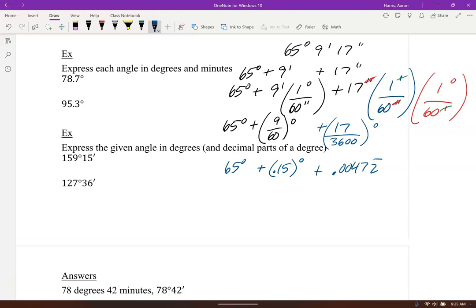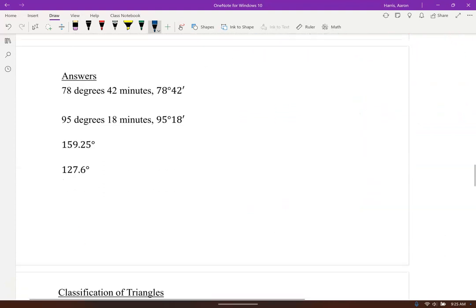So I add 65 plus 0.15 plus 0.00472 repeated, and I get 65.15472 repeated degrees. And then you can round that to whatever you want to round it to. But we're right there. Okay, so that's a little bit on degrees, minutes, and seconds.